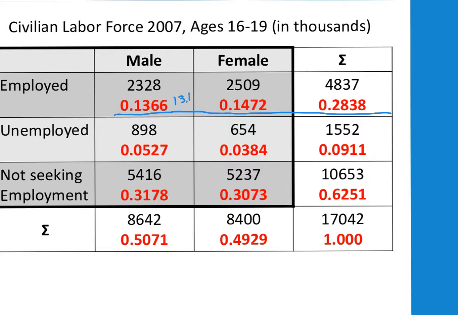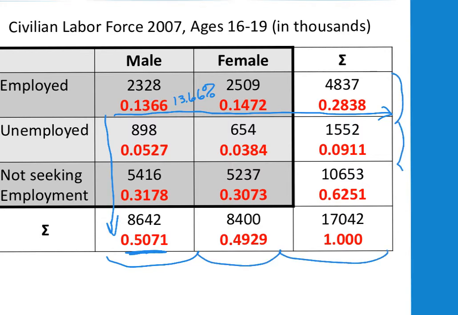You could rewrite them as true percentages like that. But if you go across, they add up. If you go down, they add up to the final value here. And if you add across, you get 1. Also, if you add down, you wind up at 1. It's a contingency table. It's going to have those properties, although the numbers inside will vary.